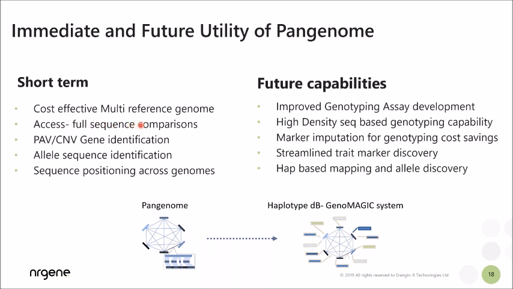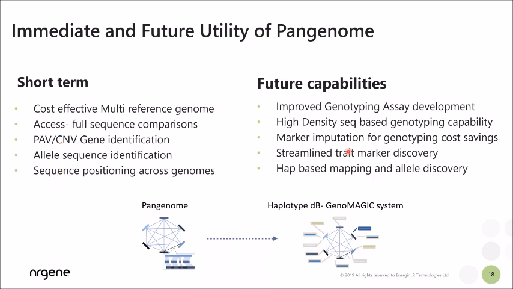Obviously, you can access the full sequence of all the assemblies since each participant contributes 1 and gets access to all. You get the PAV-CNV results in a readily visualized output that you can explore, and you can determine allele sequence of the different varieties, and as I said before, you can place sequences on top of it.